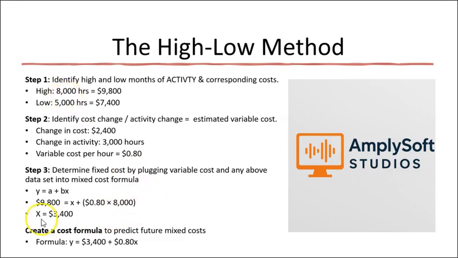In this case, we could plug and chug, and the fixed cost would equal $3,400 as part of this overall mixed cost. For budgeting and planning purposes, we could also have a cost formula. Anytime we have some future variable number of hours, we could take those hours times 80 cents per hour plus 3,400 of fixed cost and derive what our total mixed cost would have to be.